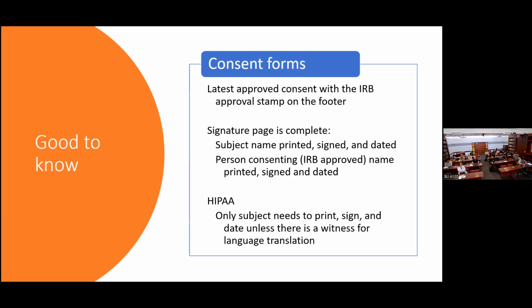The HIPAA only needs a subject to date and sign it. There is a witness section. The only time you need a witness section is if somebody was there to translate for them, say that mom is a subject in the study and their adult child is translating for them, then you can have that child sign the witness portion.